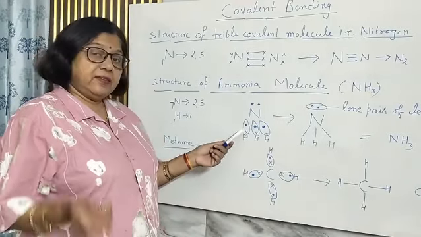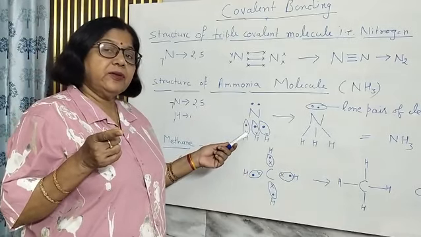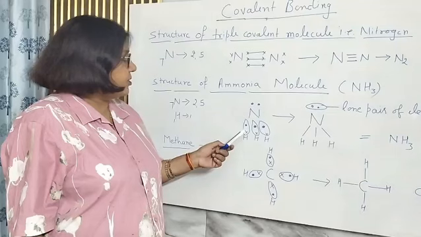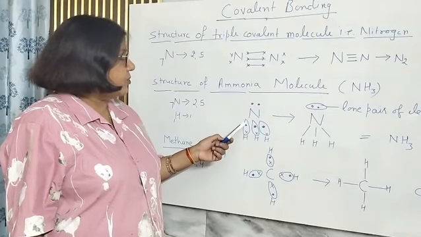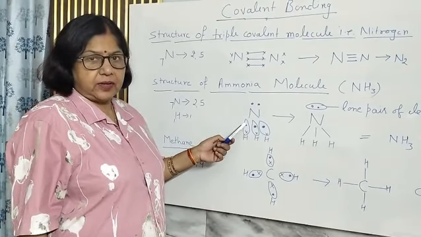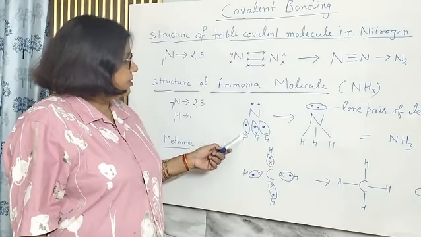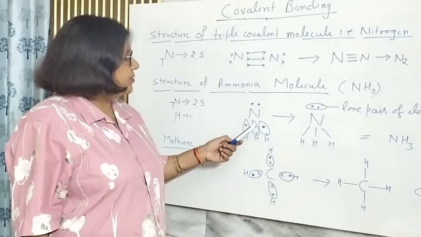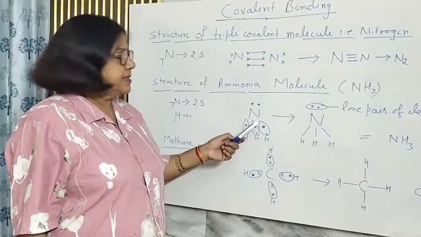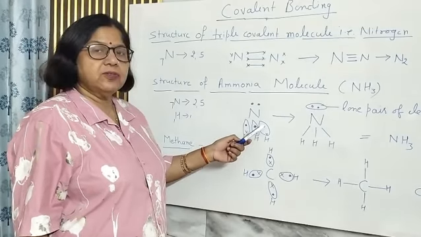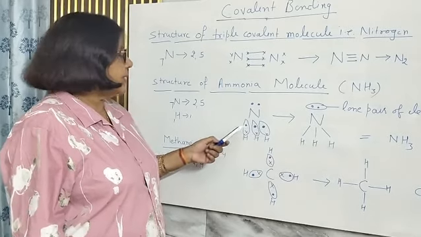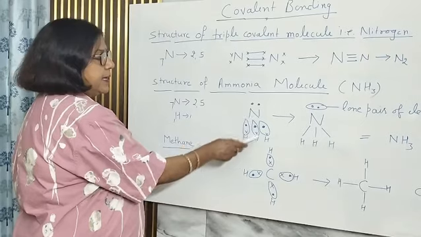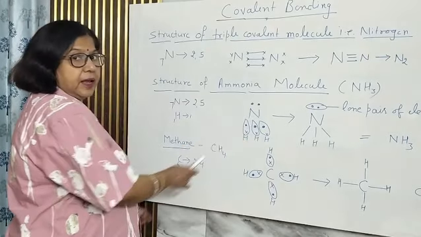These hydrogens need to complete their duplet. So these 3 hydrogens share their electrons with the electrons of nitrogen. This hydrogen shares with an electron of nitrogen, this hydrogen shares with an electron of nitrogen, and similarly this hydrogen also. So in this way the duplet of the hydrogen atoms is completed, right?